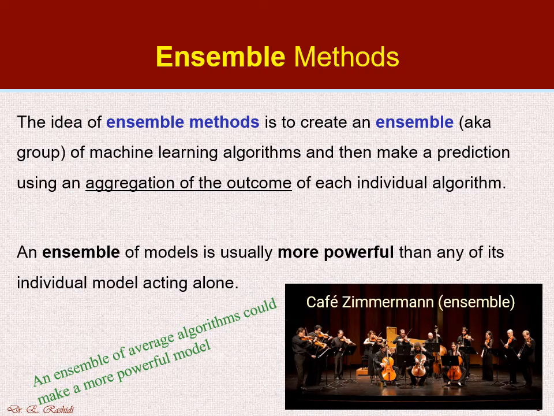An ensemble of average algorithms, meaning algorithms with average performance, could make a more powerful model, meaning a model that has very powerful prediction performance. Random forest is an example of ensemble methods because it is a group of average performance decision trees.